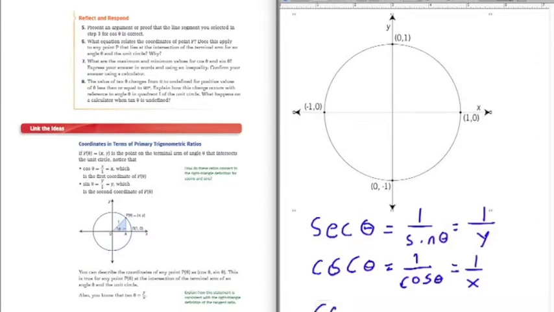And then finally cotangent theta is equal to 1 over tan theta, which is the flipped version of tan, which is just going to be x over y. So these are the identities that we need to know when we're working on these problems.